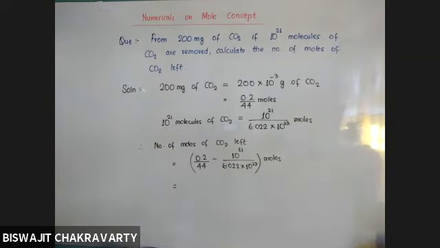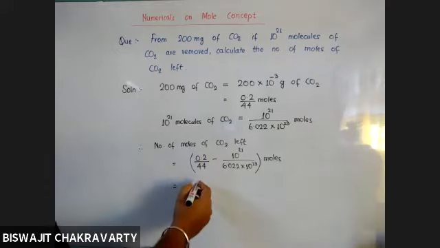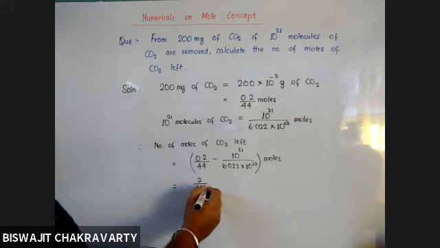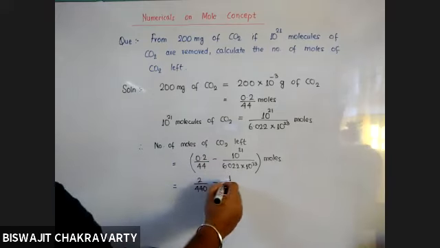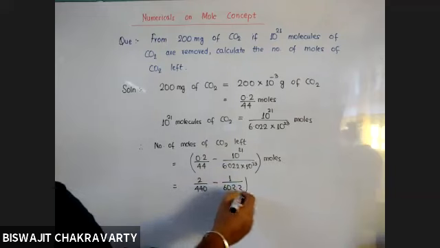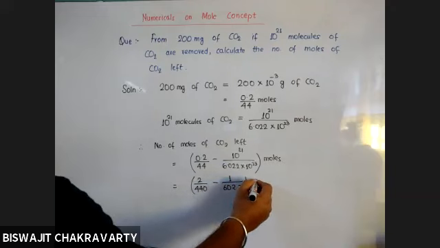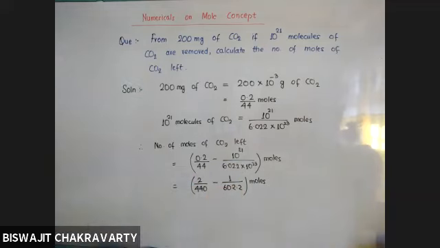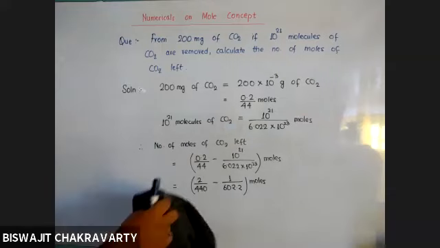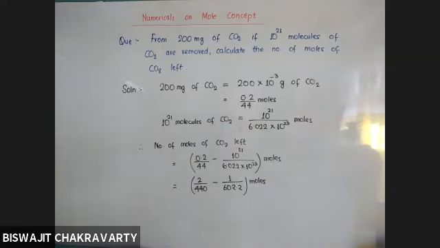How to do the calculation? It is not difficult. 0.2 by 44 will be 2 by 440. And this will be 1 by 602.2. Is it okay or not? Anything in between, if not clear, you can ask me, but don't try it without understanding. Is it clear what we have done?